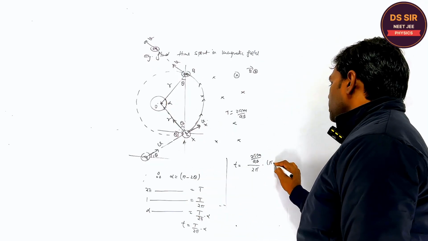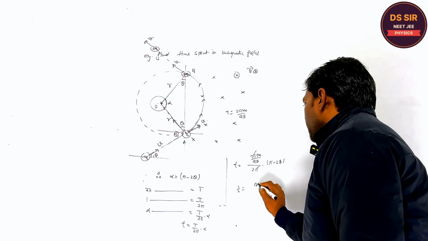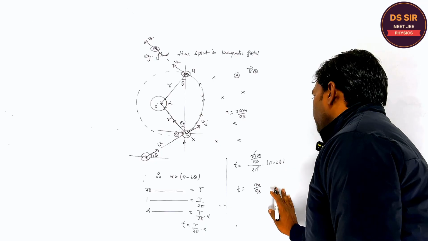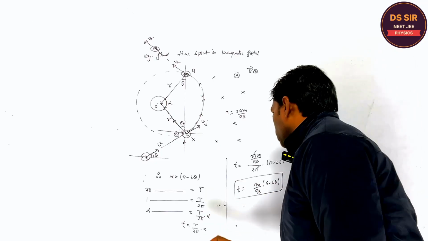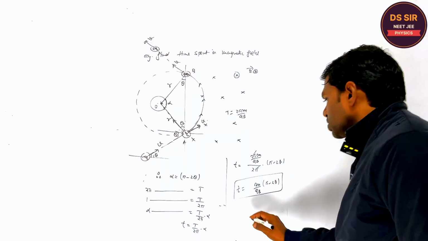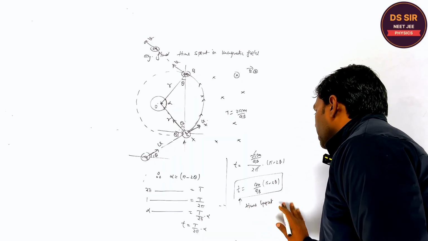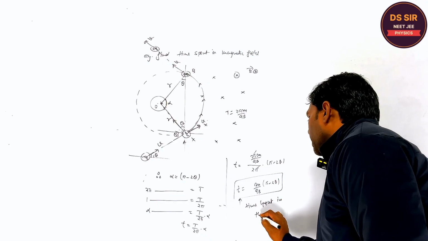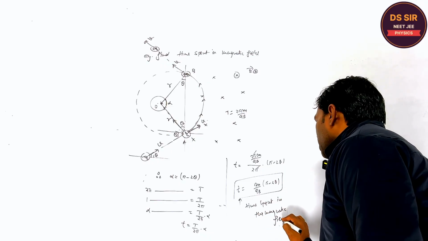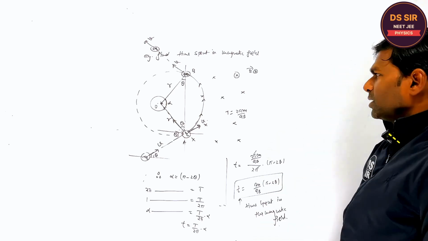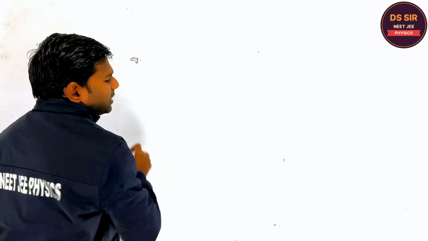It is pi minus 2 theta. 2 pi will cancel out, so the time spent will be m upon qB into pi minus 2 theta. Is it clear or not, you tell? So this is the time spent in the magnetic field. Yes. Copy this. So let's see another example.